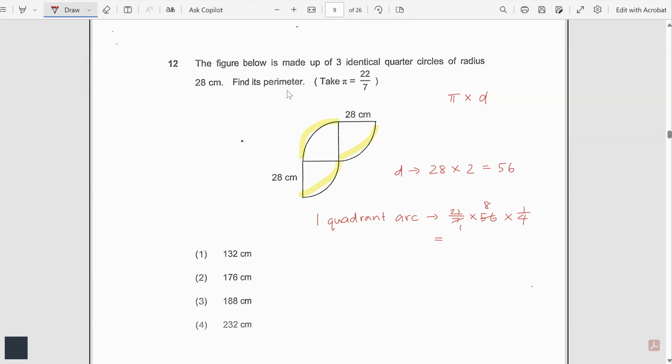Then I have the 8 and the 4. So I end up with 22 times 2, which is 44. Okay, if you look at the diagram, there are actually 3 quadrant arcs. So I'll take 44 times 3.